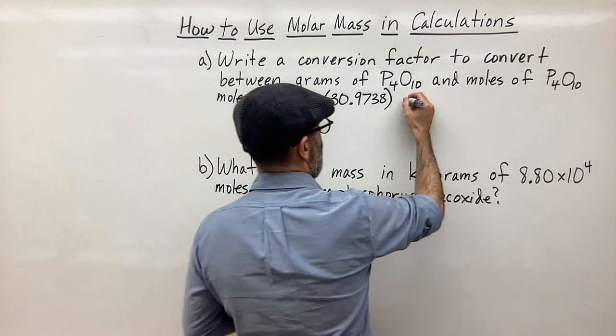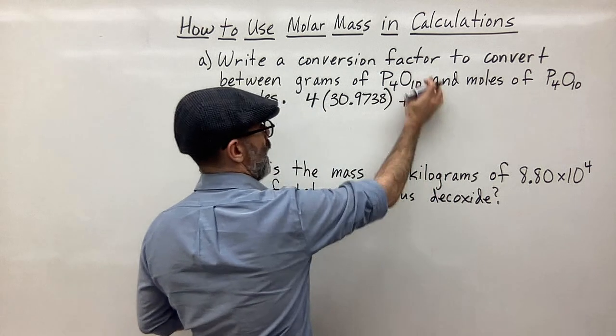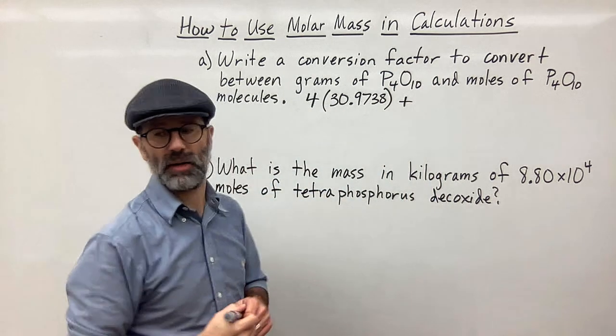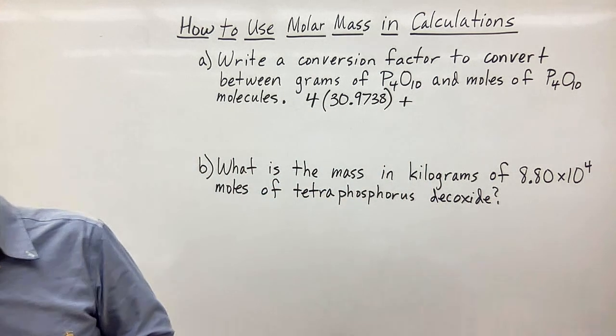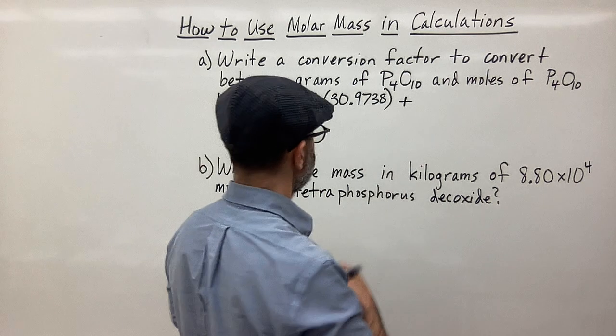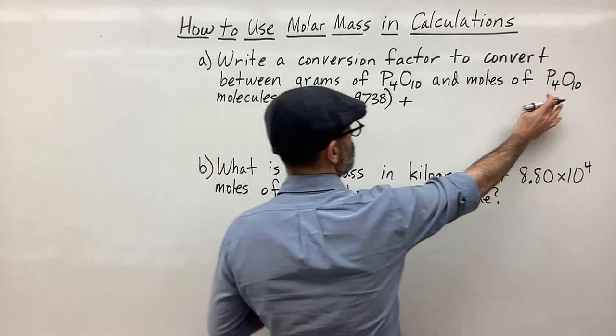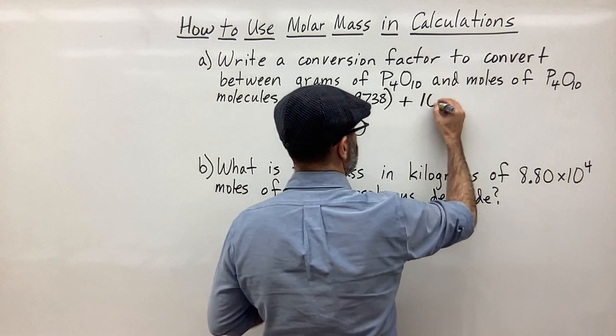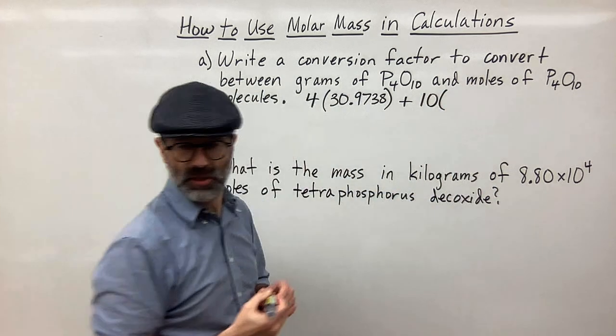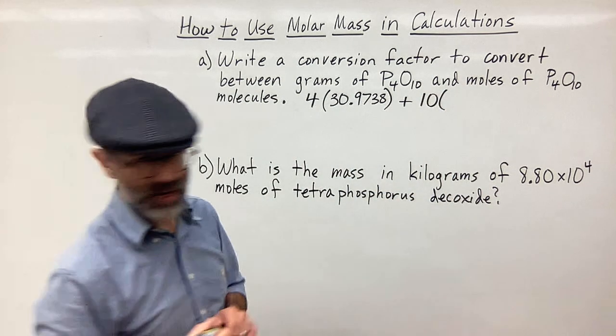And then I'm going to add to that the amount that I have for oxygen. So if I look up the atomic mass of oxygen, I get 15.9994. I have 10 of those, so I'm going to multiply that by 10.